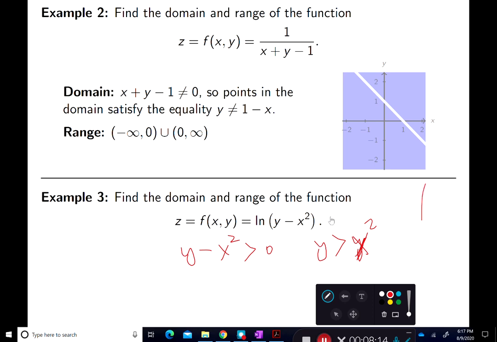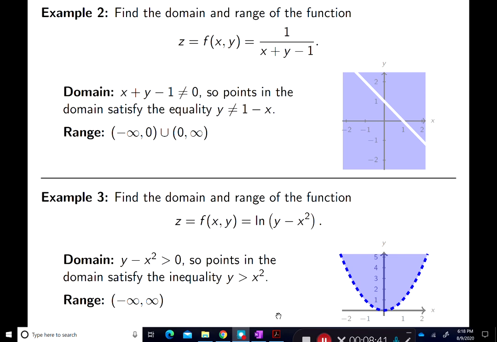How do I find that? Draw y equal to x squared, and then everything above that is going to be the domain. So what is the range? Again, because the inside can be anything bigger than 0, the range is the same as the range of natural log, which is again negative infinity to infinity.